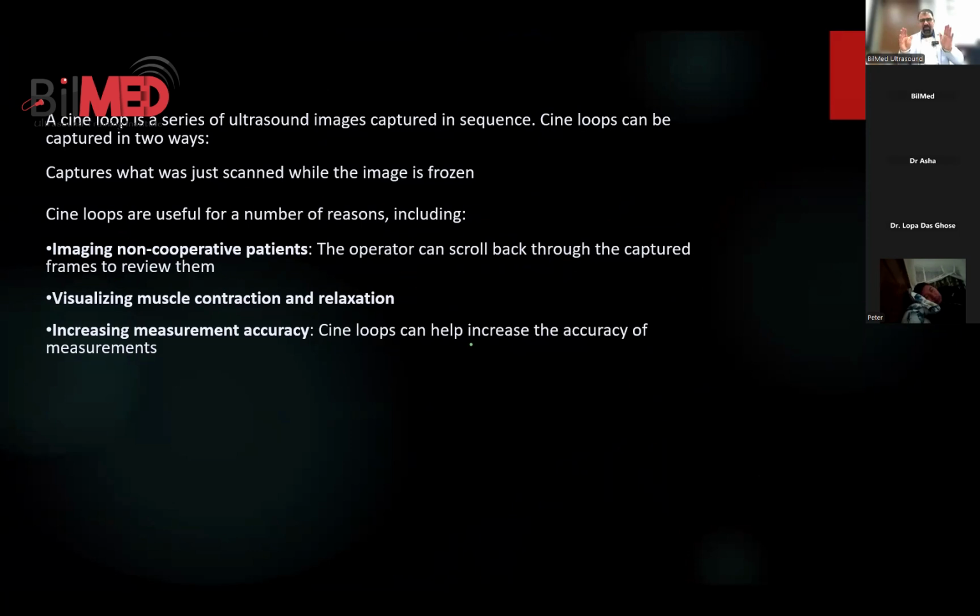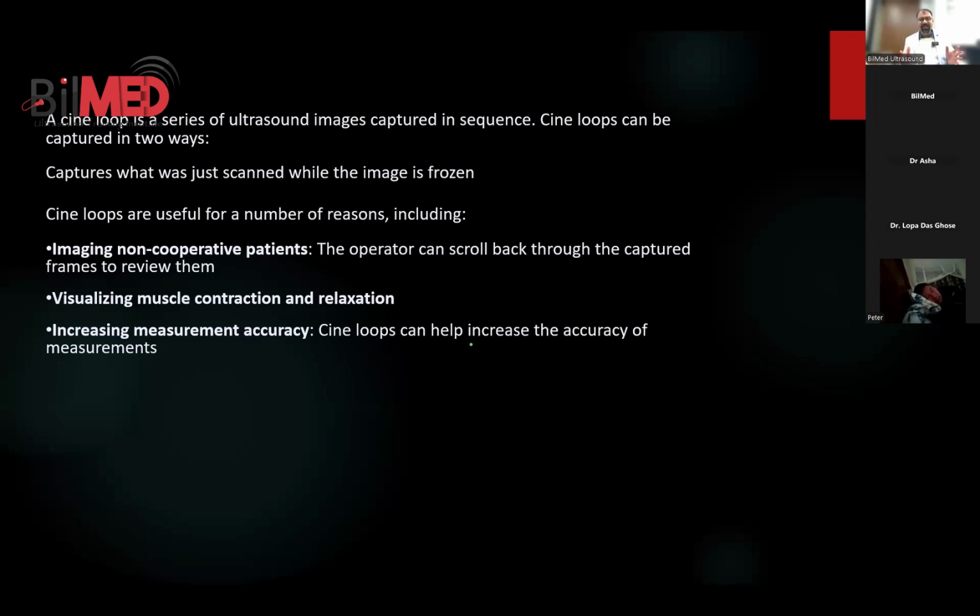Maybe 2 seconds, 5 seconds, 10 seconds. It is recording the captured images, whatever you have captured during the previous 5 or 10 seconds. A Cine loop is a series of ultrasound images which is captured in sequence by a machine.